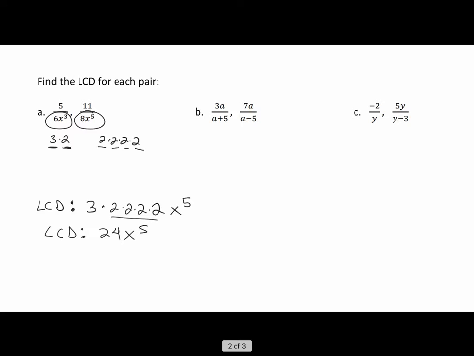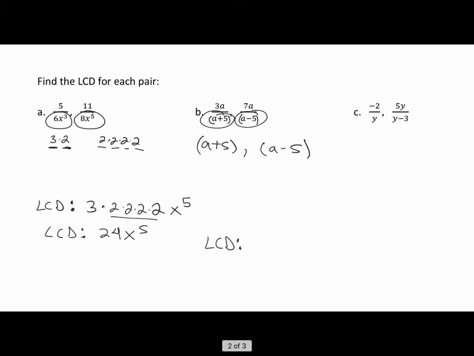Example B, we want to find the least common denominator for a plus 5 and a minus 5. So now we have more than one term. Lock them up into their factors and see if we can factor them any further. So we have an a plus 5 and an a minus 5.